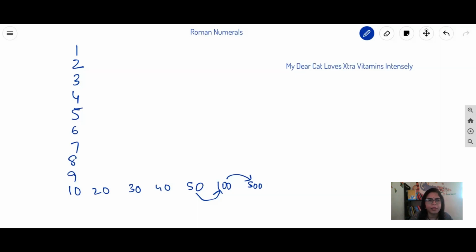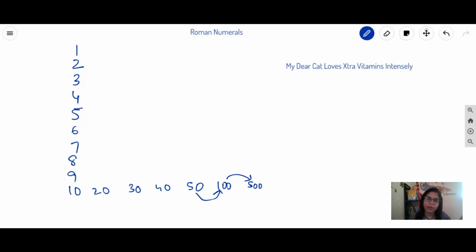For example, in Kannada, the numbers are written like this: 1, 2 is like this, 3 is like this, and 4 is like this. This is only to show you that numbers are not only written in this format; various different ways are there. Roman numerals was the way that people of Rome, that is from the country of Italy, were using to write numbers.